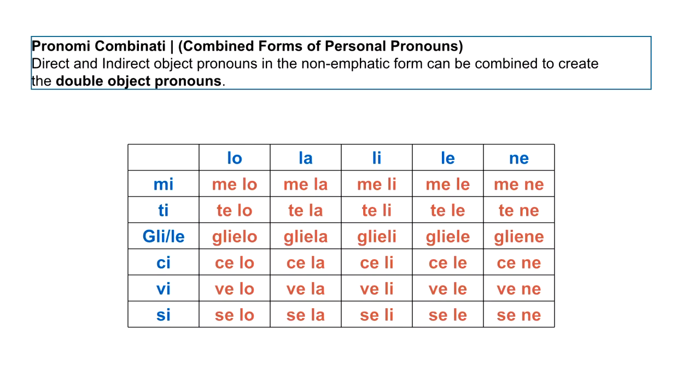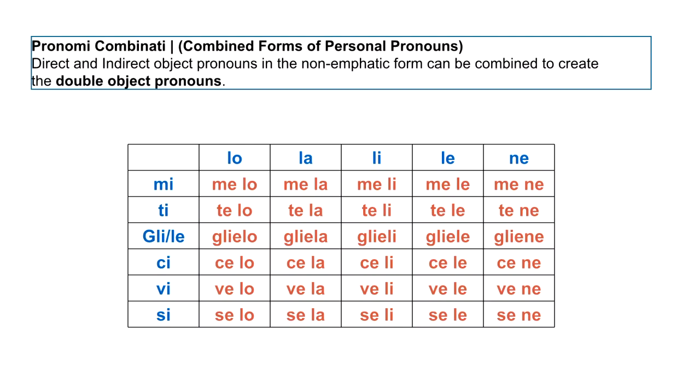Well, it's going to become obvious as you progress into your learning, because sometimes you don't want to repeat the same thing. You don't want to repeat the pronoun, and you want to make the sentence more efficient or shorter.